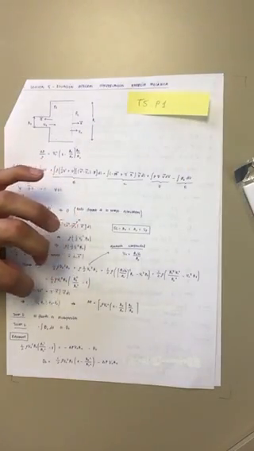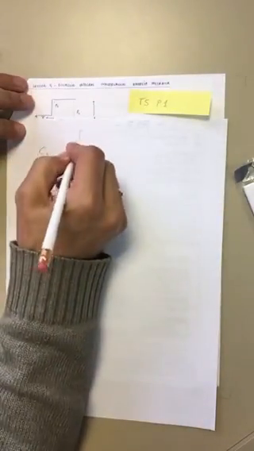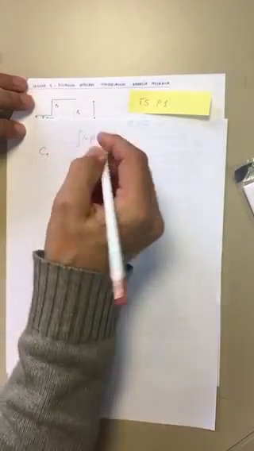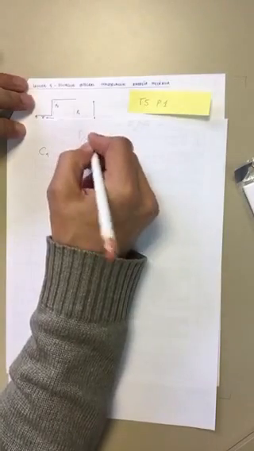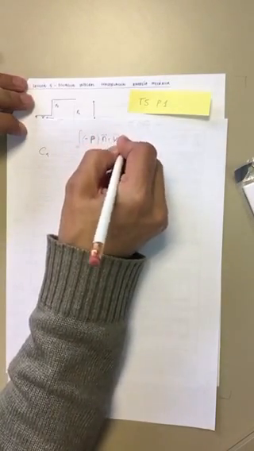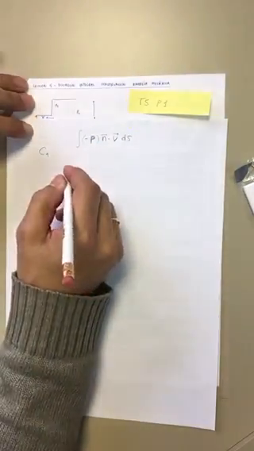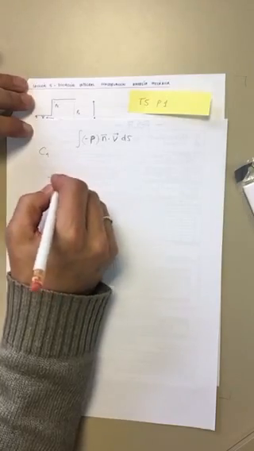I will tell you about C2. First C1, which is this one, minus P times N times V dS. This is C1. And then you have to do something like this.